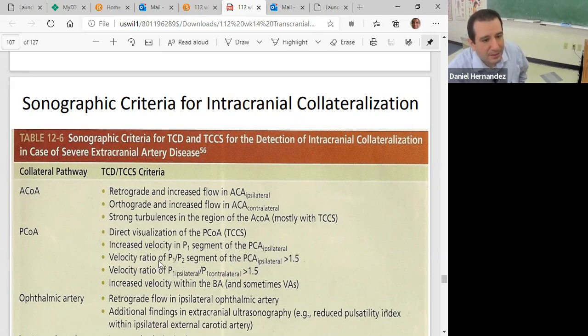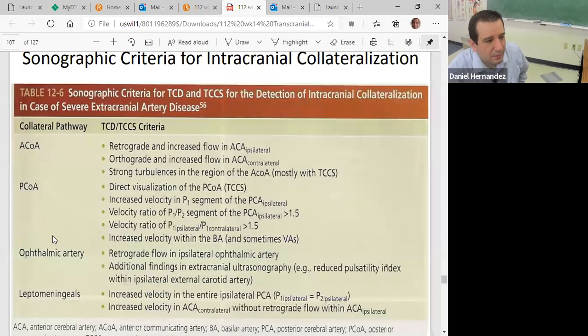Our velocity ratio in the P1, P2 segments will be greater than 1.5, and increased velocities within the basilar artery as well. Within the ophthalmic artery, if there's collateral flow, we can see retrograde flow in the ipsilateral ophthalmic artery.